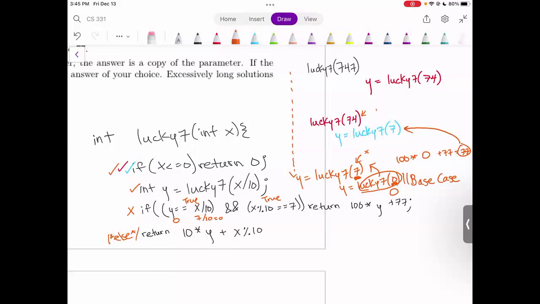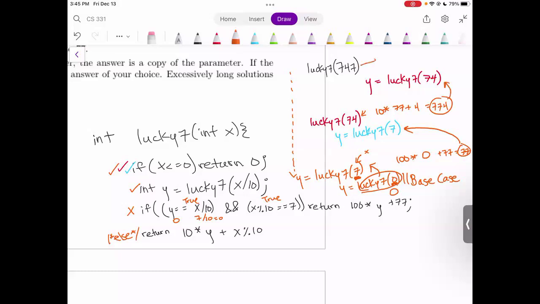Return, and we say 10 times y, which in this case y was 77, because that's what gets plugged into that y, plus x mod 10, which is 4. So 774. Now this whole thing is what gets plugged in for this y.